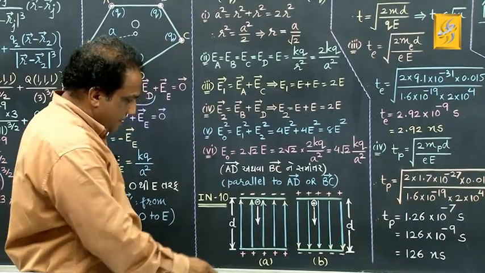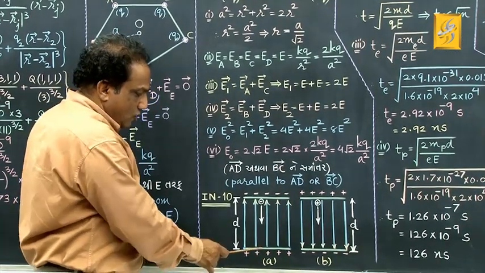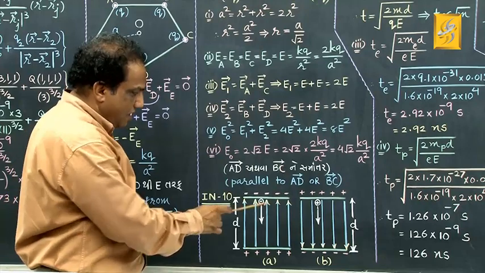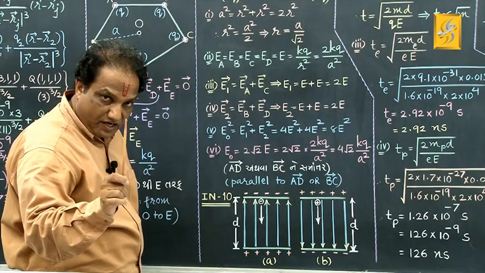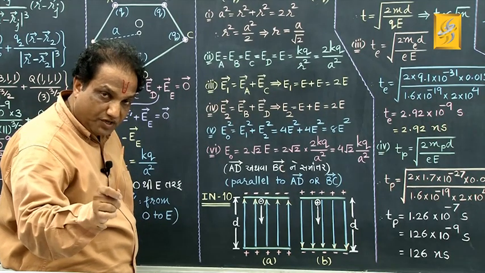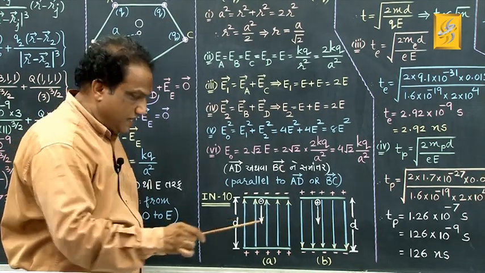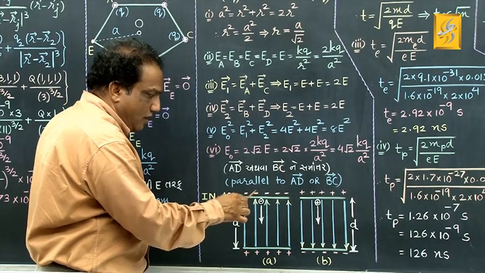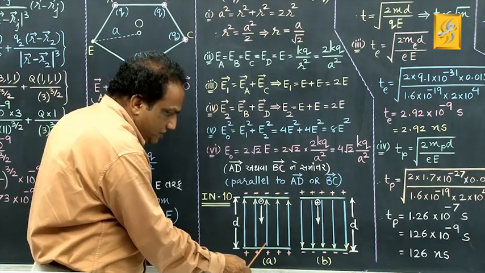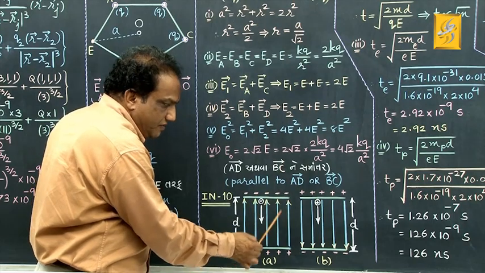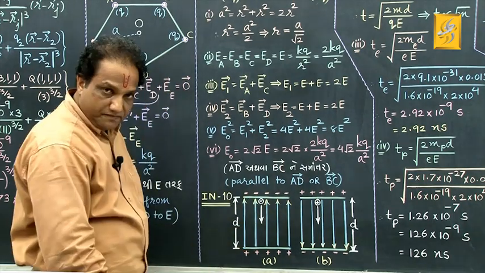In figure A, the lower plate is positively charged, the upper plate is negatively charged. Have you remembered the direction of electric field? It is always from positive to negative. That is right now from lower plate to upper plate, this way. So this is the upward direction of electric field, fine.